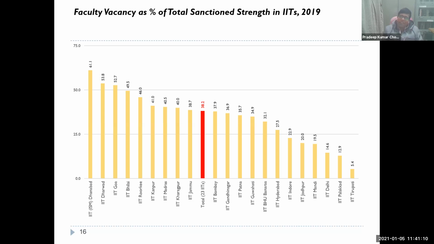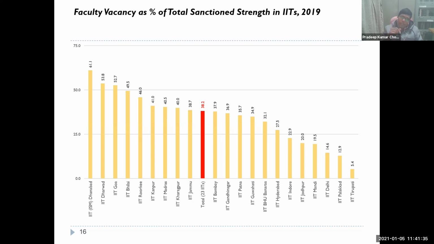And this is not only in technical. I can relate that with other higher education institutions, like social sciences, in universities. In some universities the vacancy is 80%. Several university departments are running without any regular faculty, maybe one regular faculty and all others contractual. You all know this kind of situation. So that is actually leading to the problem that we are facing today. And in engineering, it is more so.